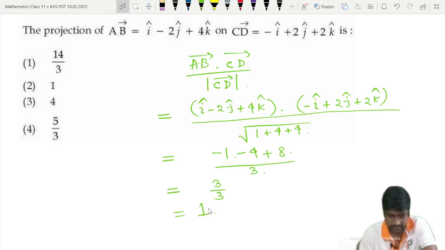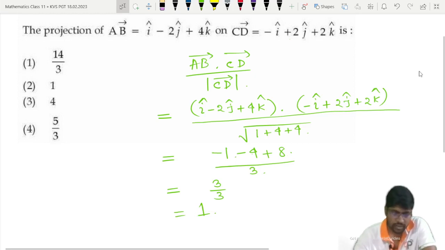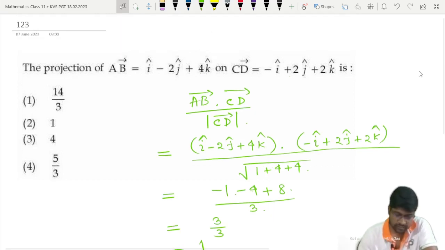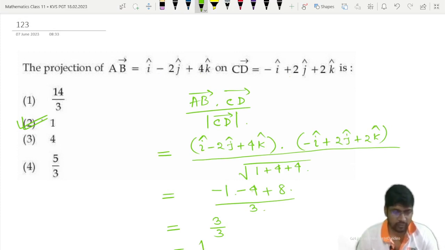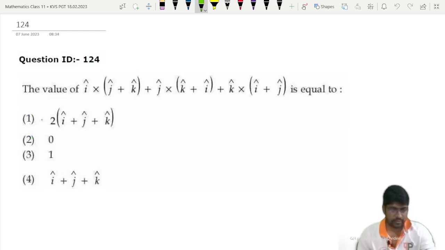So the projection of AB on CD will be equal to 1. Now look at the options, which option is correct? Option 2 is correct here. So this was question number 123. Now let's move to the next question, question number 124.